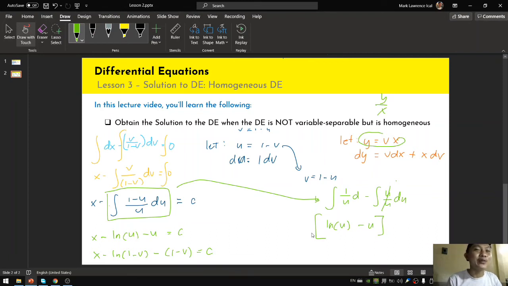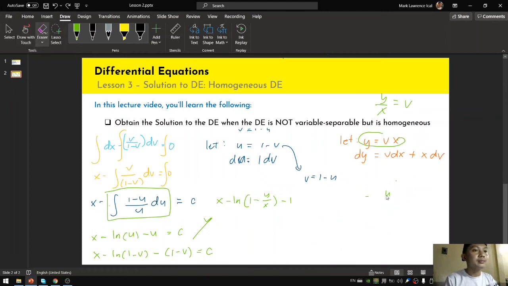So that's y over x. So going back, the answer is x minus ln 1 minus y over x, minus 1 minus y over x, also c.